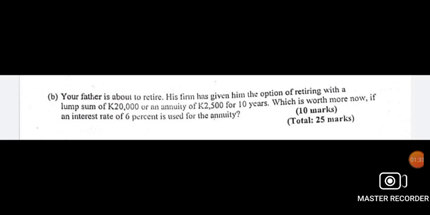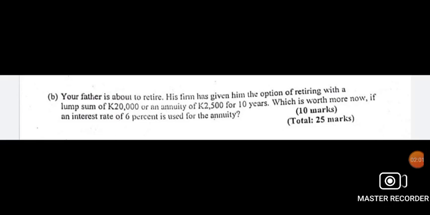Now you also want to check the other option, which is the annuity of 2,500, and bring it to the present. Why the present? Because they said which is worth more now. When you hear that word now, it actually means present value. So after denoting it like that, we know that we'll compute this other one using the present value formula.